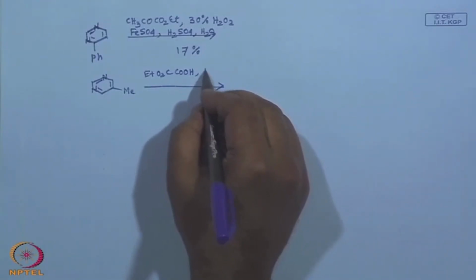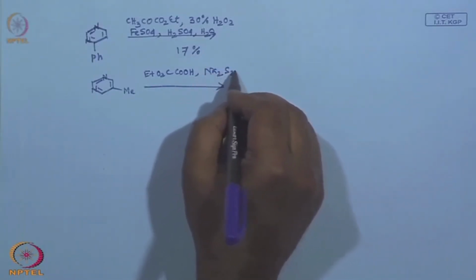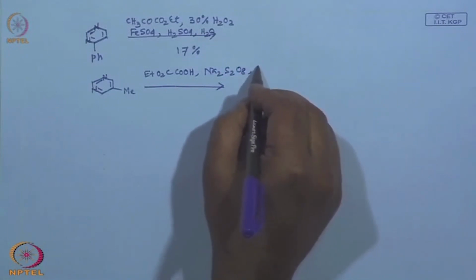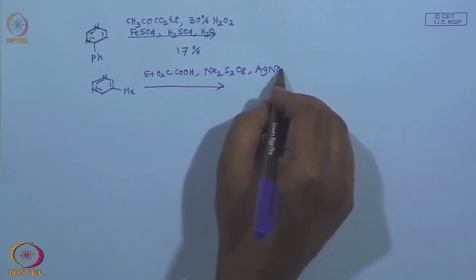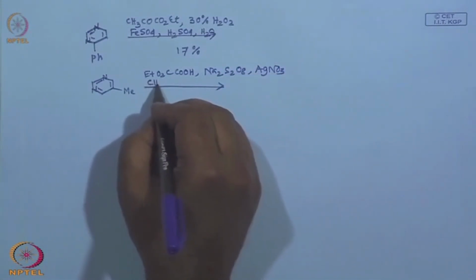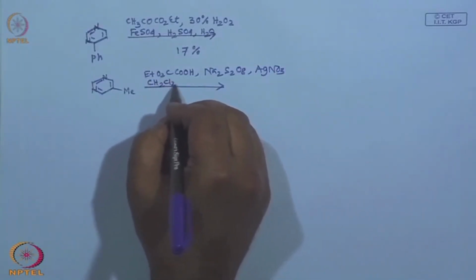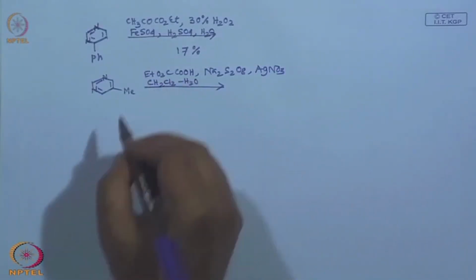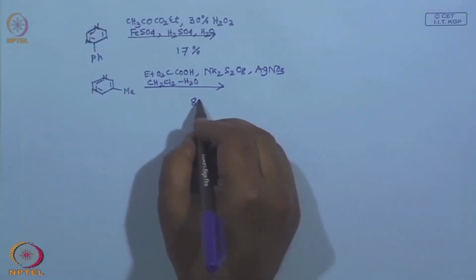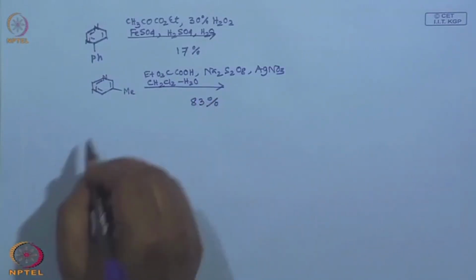Then sodium persulfate, silver nitrate. So, these are the recipes. Then you have methylene chloride and water, and the yield of the product we will get is 83%.